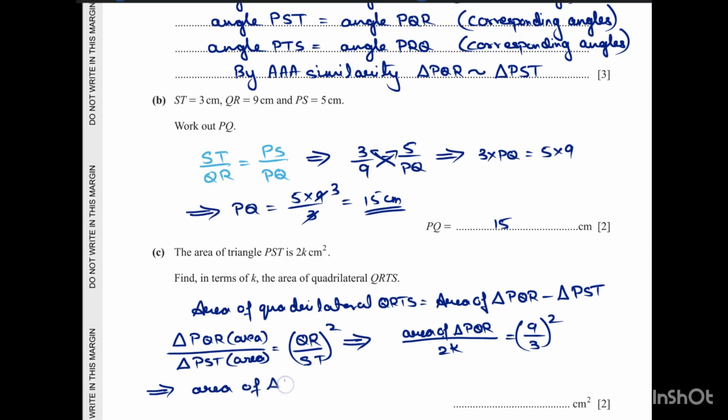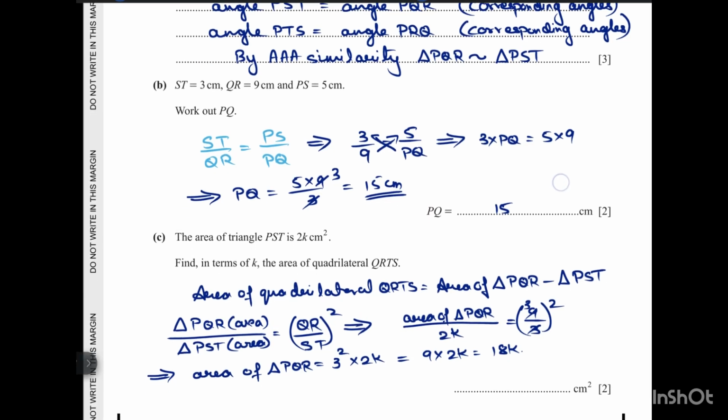Area of triangle PQR is equal to 9 by 3, cancel inside the bracket, so it is 3 square. 3 square and 2K is in the denominator, that gets multiplied here. So that means it is 9 into 2K, which is 18K. So this is the area of triangle PQR, the big triangle.